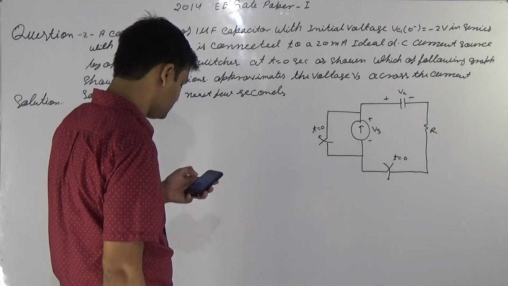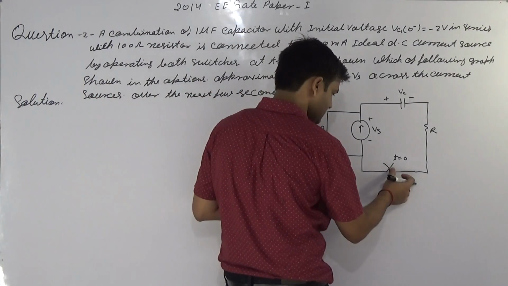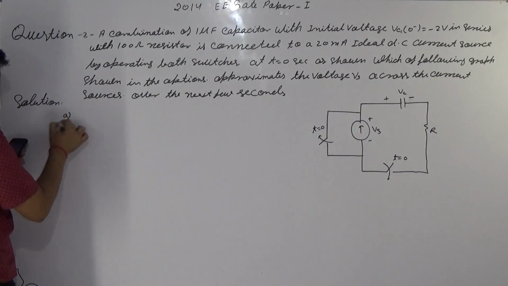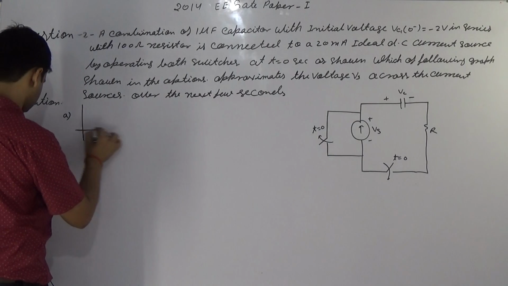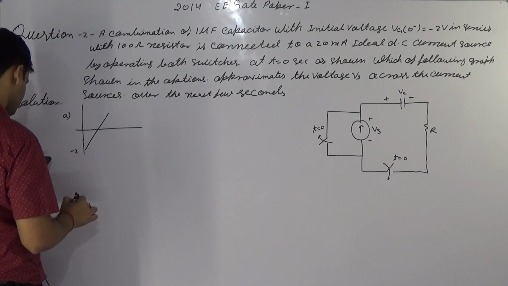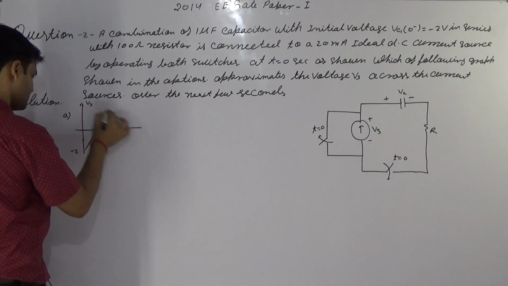Option first one: minus 2, this is Vs, this is t.